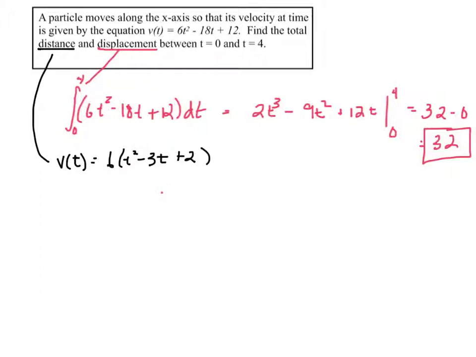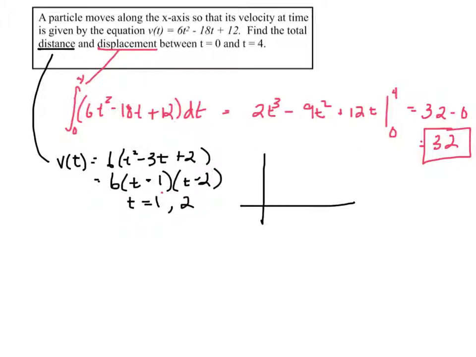Then a little more factoring gives 6 multiplied by t minus 1 and t minus 2. So what I see here are zeros, or sign changes, at 1 and 2.